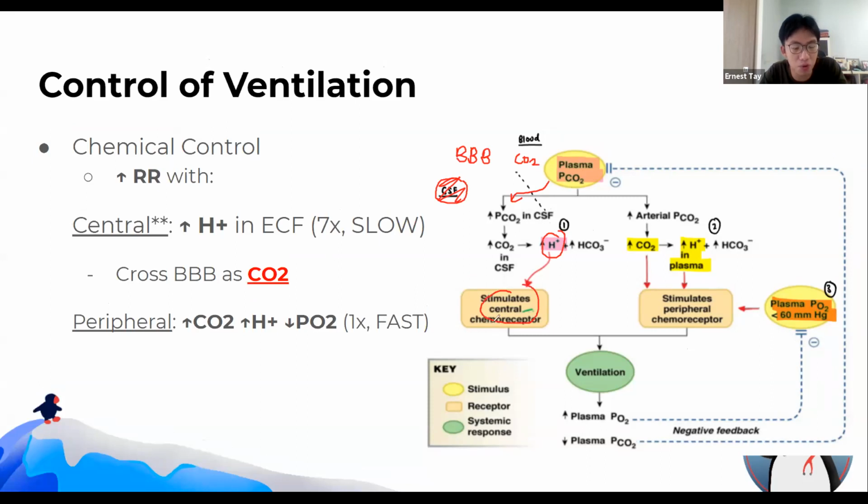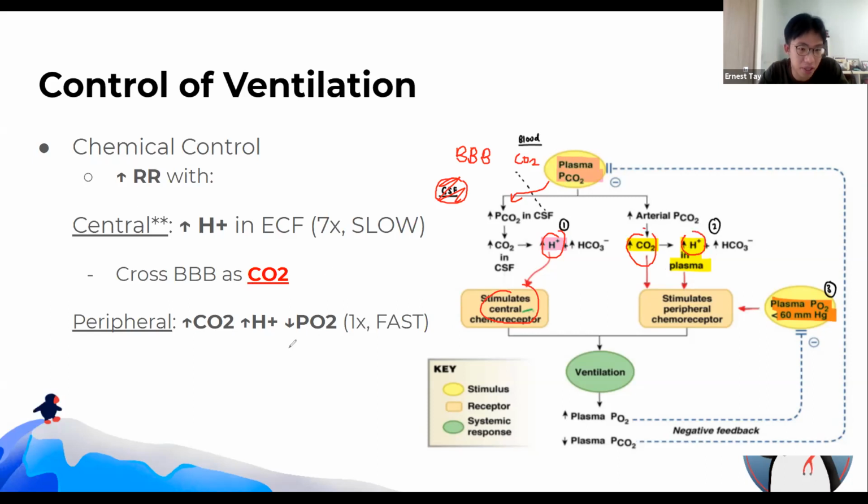So how Monash may test you is they may ask how does blood H plus affect ventilation? You need to know that blood H plus doesn't affect the central route because it doesn't cross the blood-brain barrier like CO2. Rather, it affects the peripheral chemoreceptors.